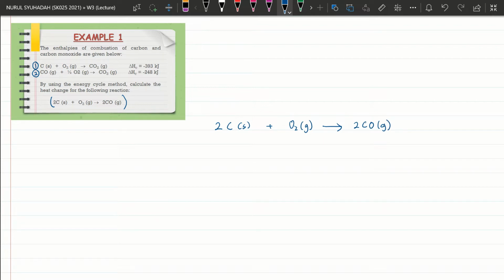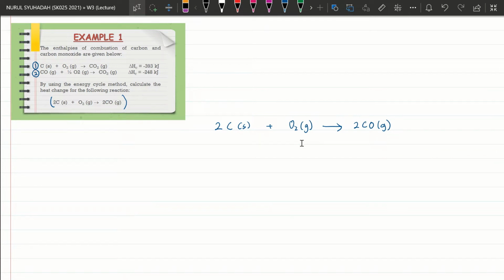Let me change to another color. You can choose any of these that you want and do it in whichever direction you think is easy for you.